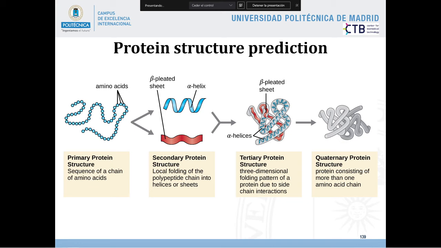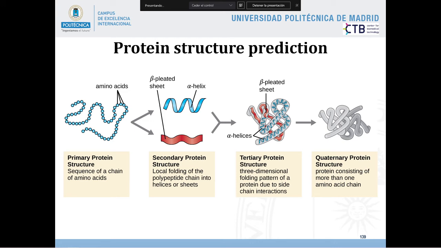There are different levels of protein structure. We first have the primary protein structure, that is the chain of amino acids. The secondary protein structure with the alpha helix or the beta sheet. Also the tertiary protein structure, where the protein folds into different structures depending on how the side chains of the protein interact with each other.